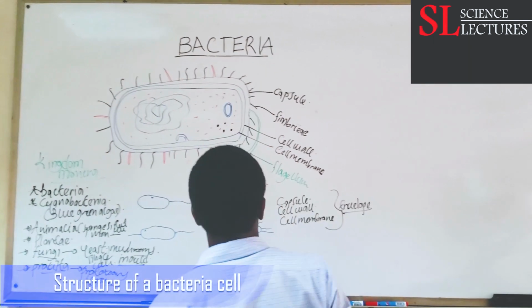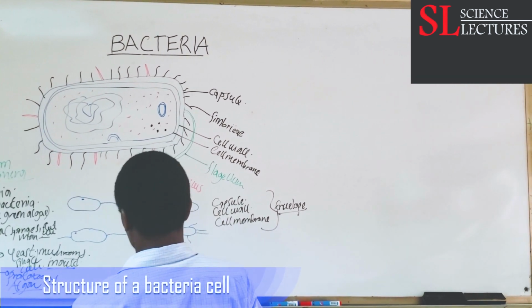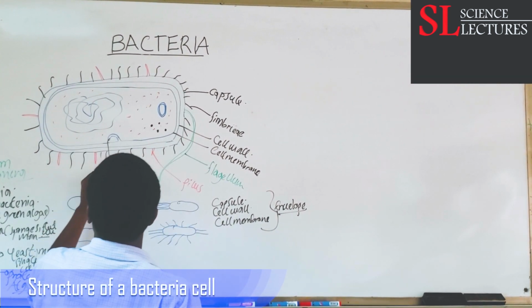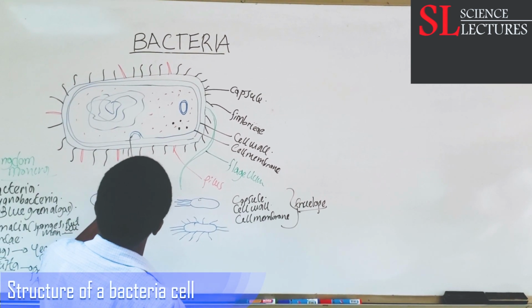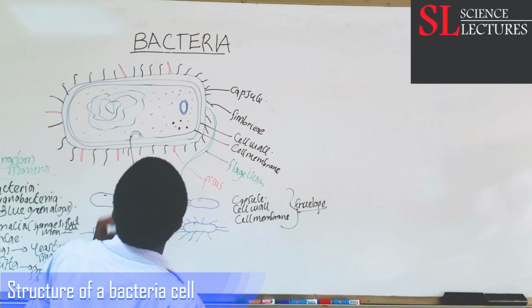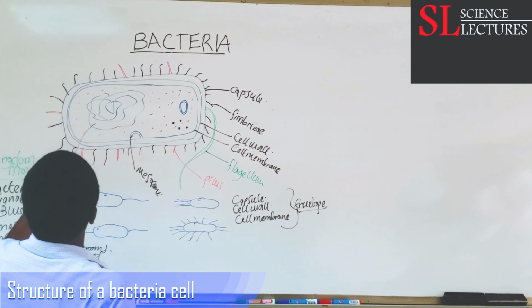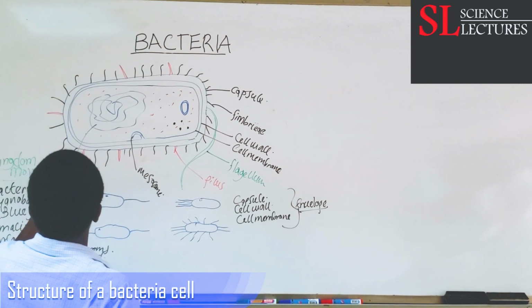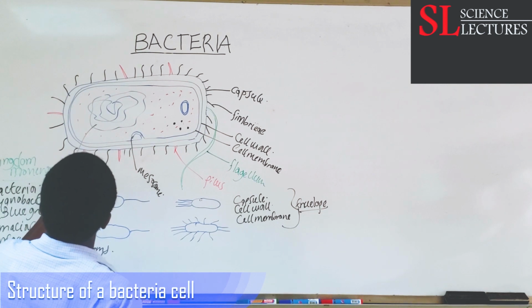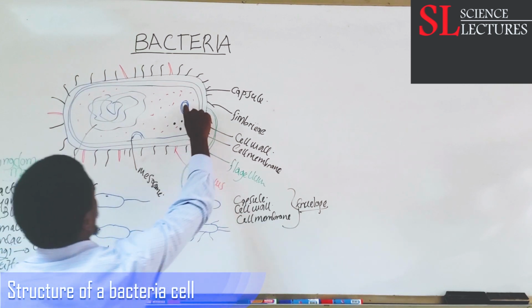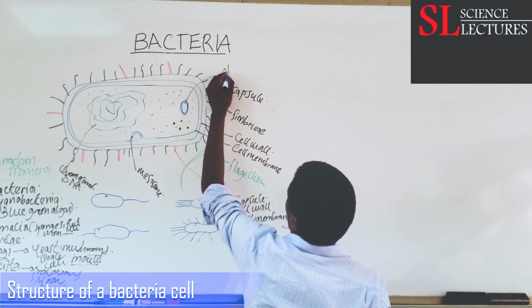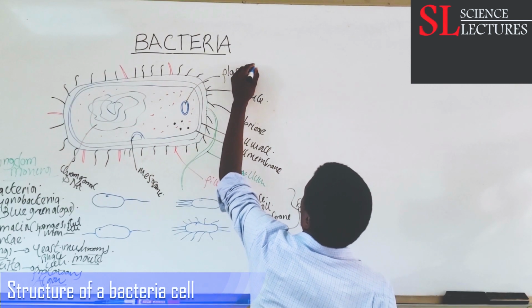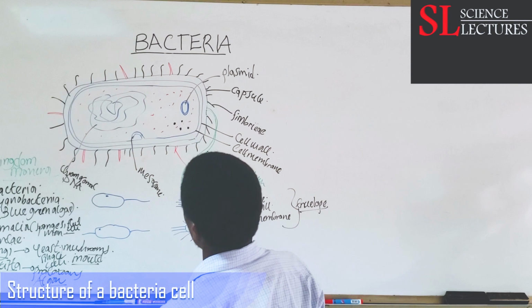So let's name some other structures inside the cell. We have that structure inside the cell, which is called the mesosome. Then we have the DNA, the chromosomal DNA of the bacteria. Then we have another type of DNA, which is called the plasmid, a form of genetic material also inside the cell.